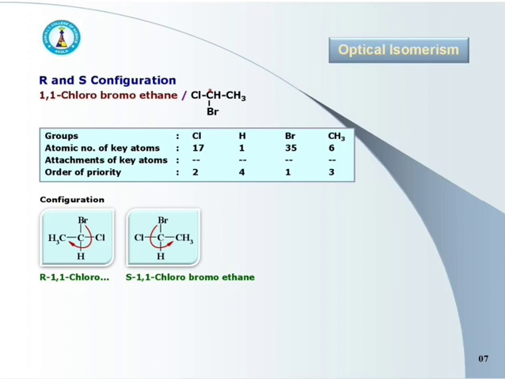So the first is the R isomer, while the second is the S isomer. In the R isomer, the priority of other groups decreases in the clockwise direction, and in the S isomer, the priority of other groups decreases in the anticlockwise direction.